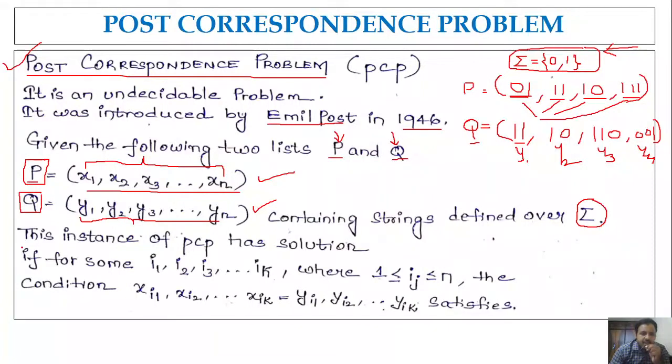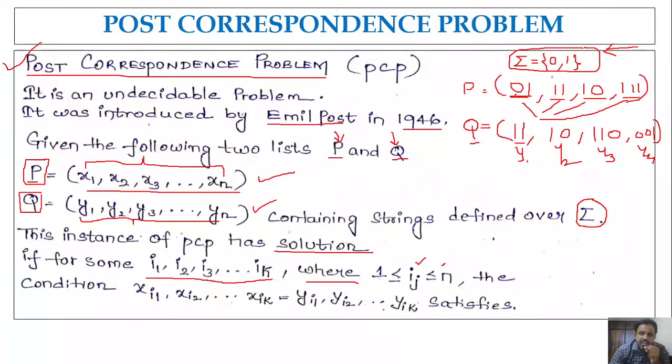Now, this particular instance of PCP has a solution if, for some i1, i2, i3, and so on up to ik, where 1 is less than or equal to ij less than or equal to n, the condition x_i1 x_i2 ... x_ik equal to y_i1 y_i2 ... y_ik is satisfied.